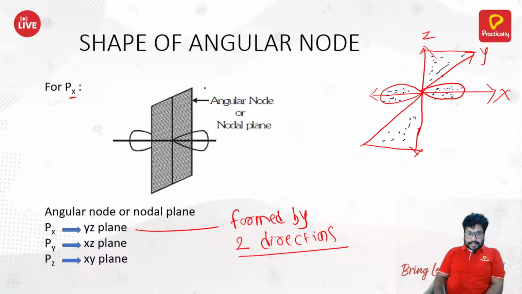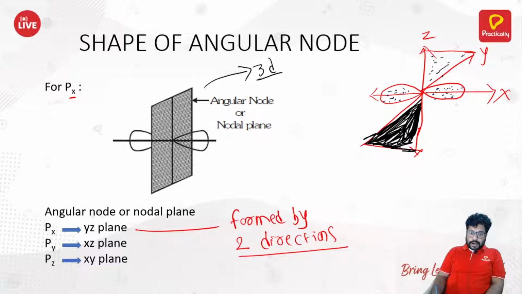Here you are already seeing it in 3 dimensions. This is 3 dimensions. Here I am telling you in the form of a drawing. I am drawing live in front of you so that you will understand this in a better way. Okay, so this is the plane passing through your x.